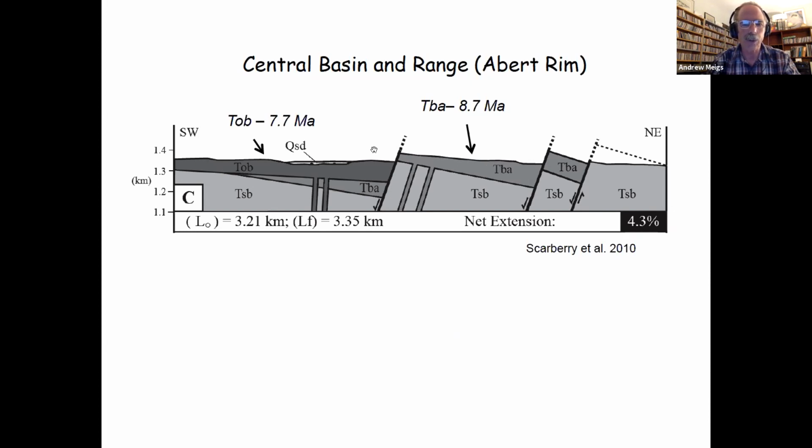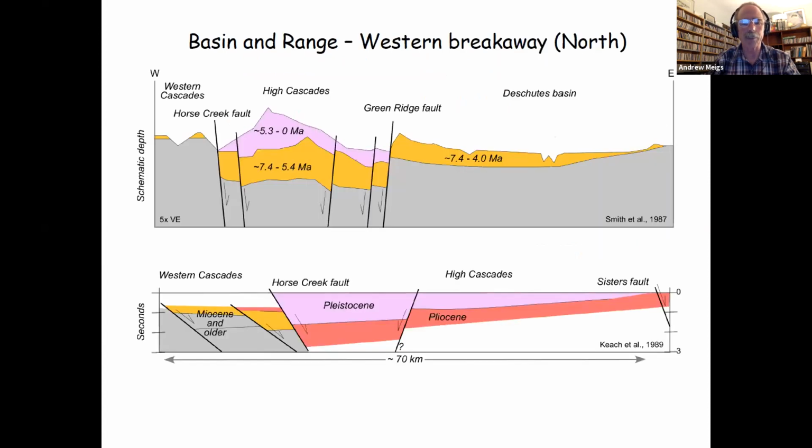If you go to the footwall block of this basin, you see that TBA has an angular unconformity with a younger basalt, TOB, which is about 1 million years younger, and thus the onset of the extension across the Abert Rim area must be bracketed by the angular unconformity as sometime between 8.7 and 7.7 million years ago.